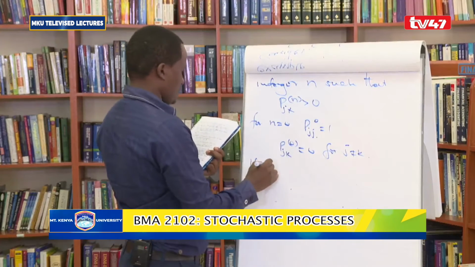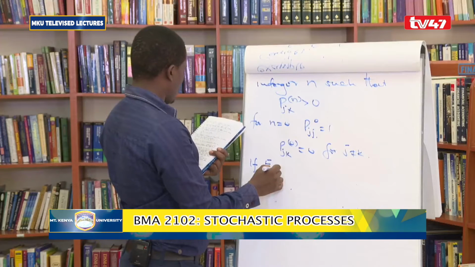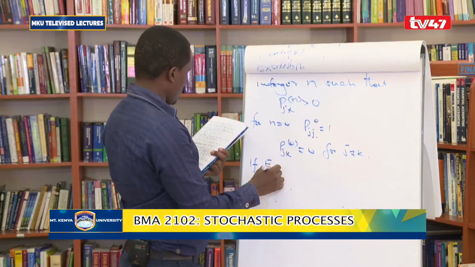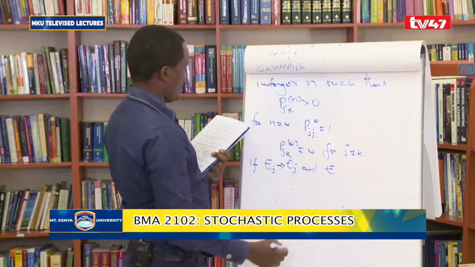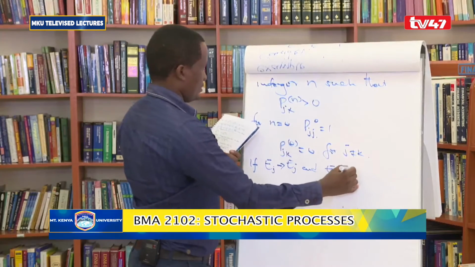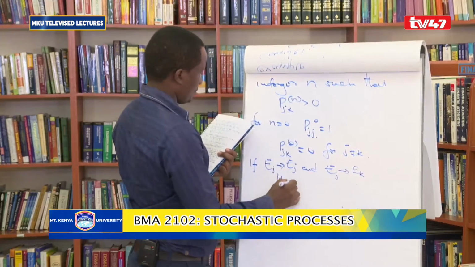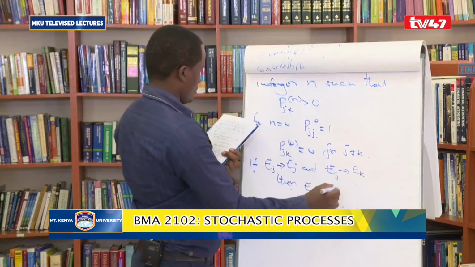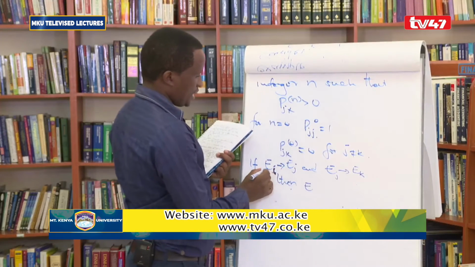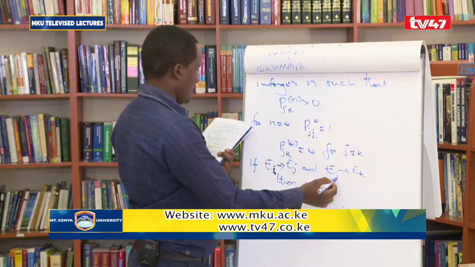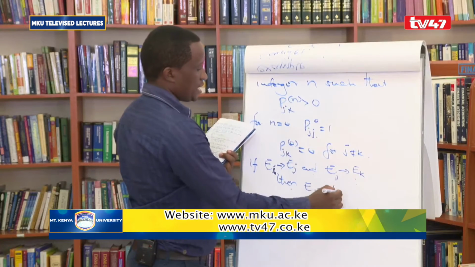Now if movement from state i to state j is possible, and movement from state j to state k is also possible, then it means that you can also move from state i to state k.